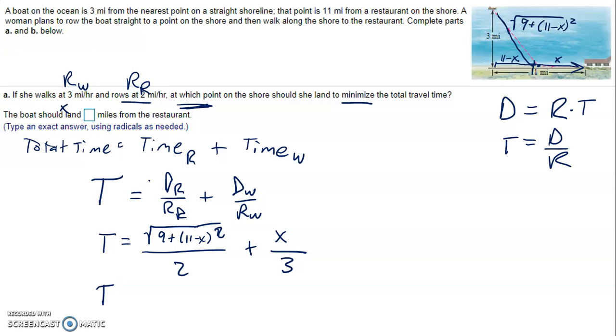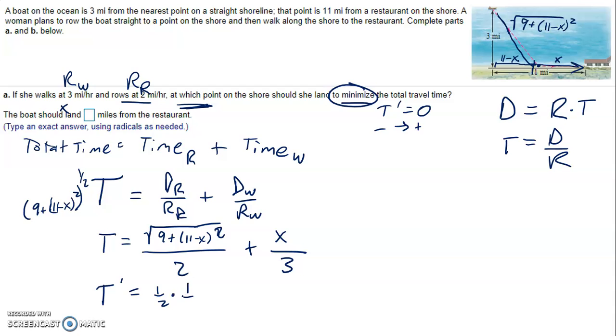Anytime we want to maximize, or in this case minimize something, we're going to find the derivative, set it equal to 0, and find when it goes from negative to positive. So I'm going to rewrite this equation as 9 plus 11 minus x squared, to the 1/2. To move this 2 out front, that's a 1/2.